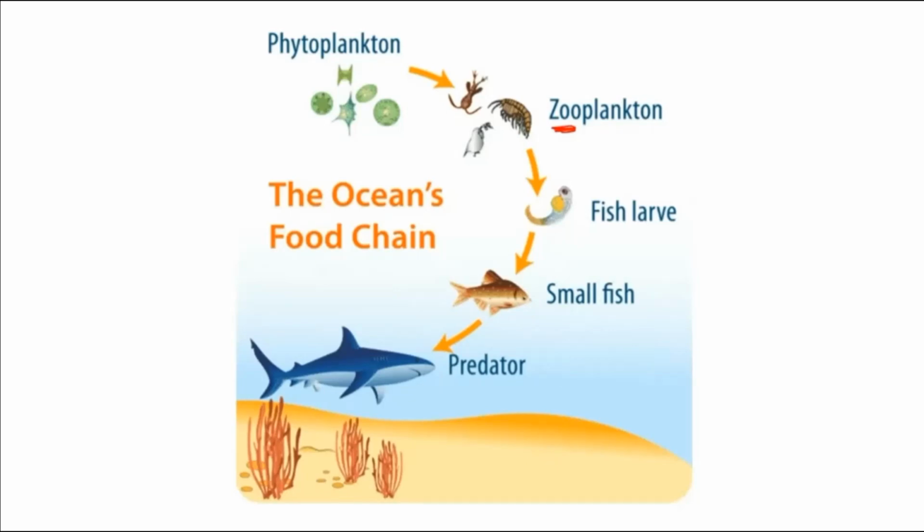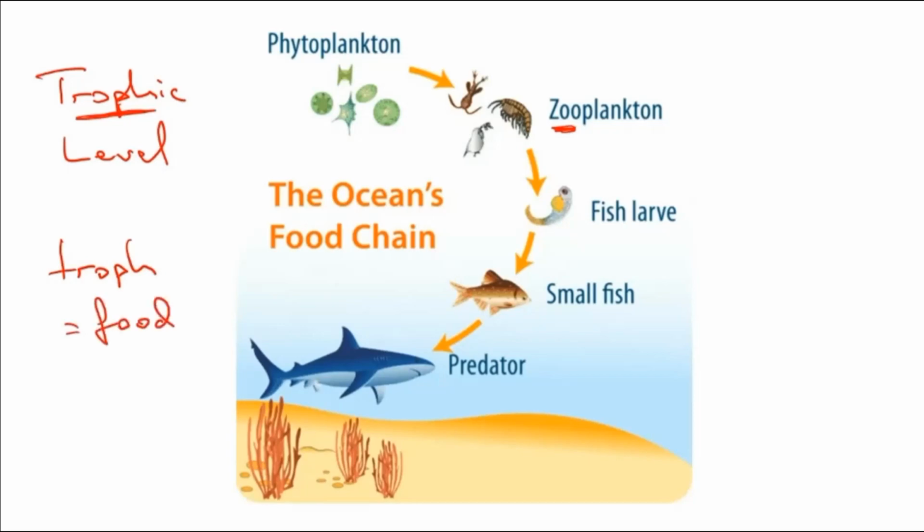So let's just talk about trophic levels. Some of you may have come across this term before when you've done food chains and food webs in the past. Trophic level is essentially the position that the organism has in the food chain. Troph is to do with food. Remember, we often come across words that if we break them down, we can work out what they mean. Troph means food, so a trophic level, think of it as the food level.